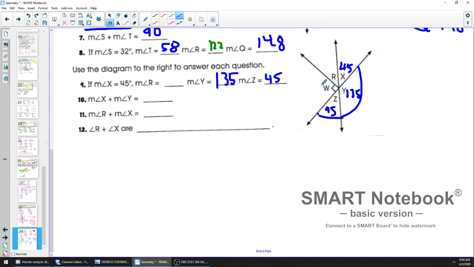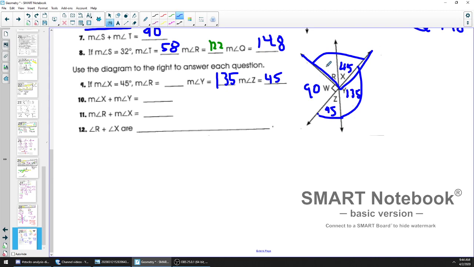Let's keep going. Oh, W, it already tells you what the answer is. It's 90. It's a right angle. So let's look at this one. How do I find R? Remember, this one's 90, and then this one would also be 90.